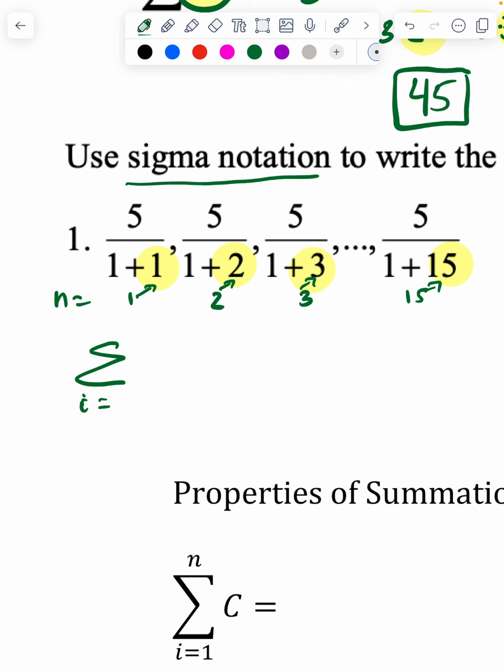That tells me what I need to know. I started by plugging in 1, I ended by plugging in 15, and the rule was 5/(1 plus i). Because it's saying to start plugging in a 1 where the i was, and then go until you plugged in a 15 where the i was, which is that last one.